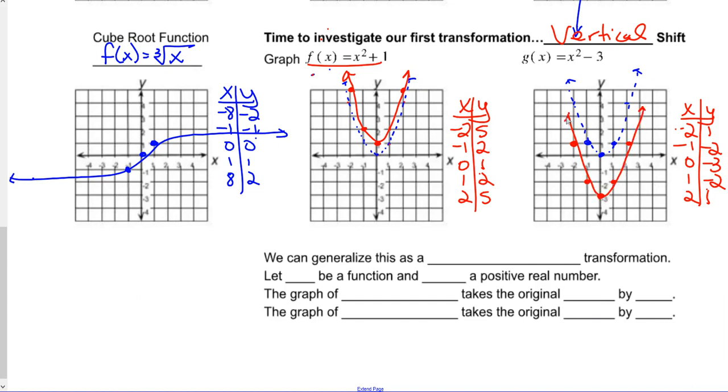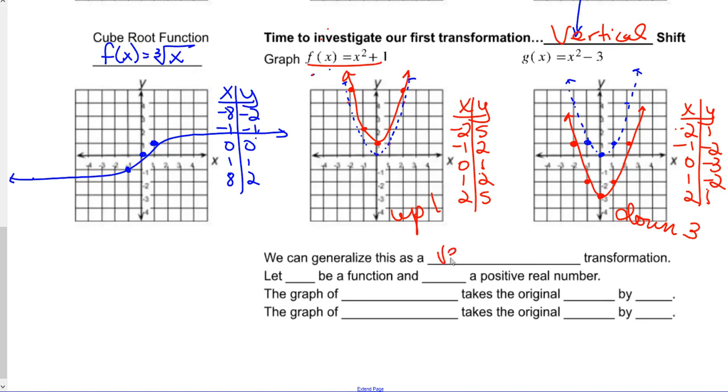So what happened to each one of my points? From here, I went down 1, 2, 3. From here, I went down 1, 2, 3. That gives me a transformation of down by 3. This one, we went up by 1. Now, it all comes from that number that is added or subtracted at the end. So hopefully you recognize that.